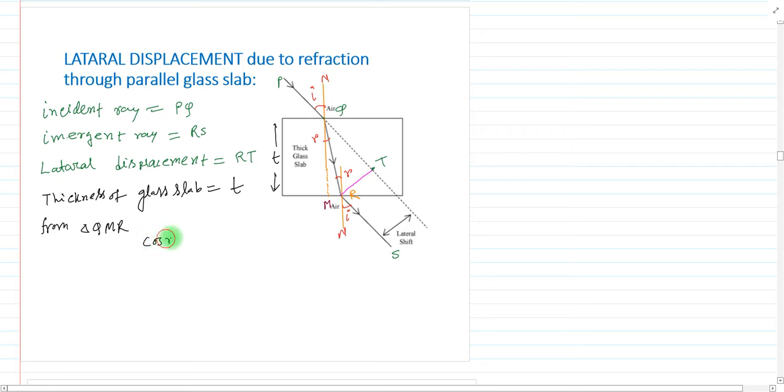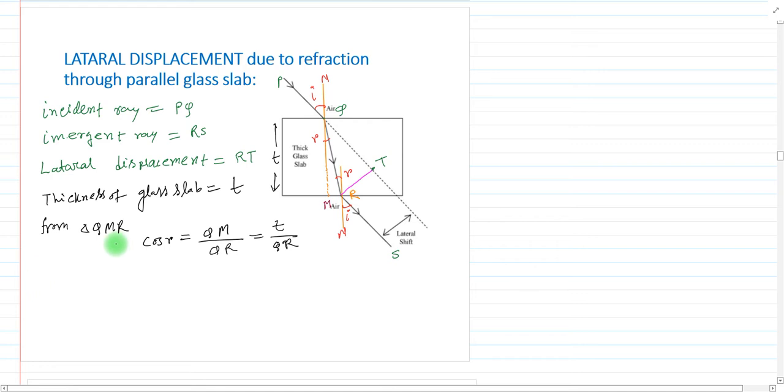cos r equals base by hypotenuse, meaning QM by hypotenuse QR. And QM is the thickness T, so cos r equals T by QR.